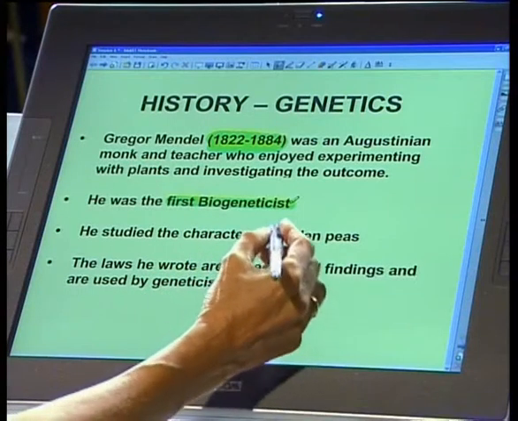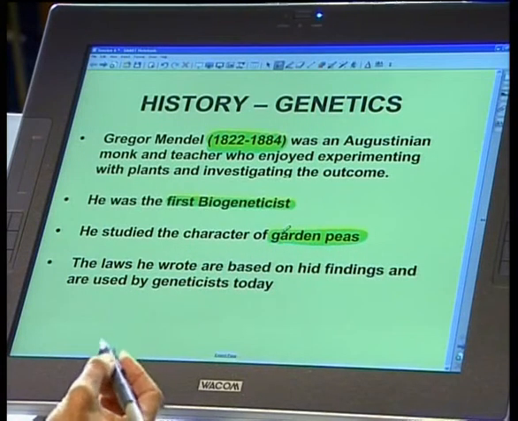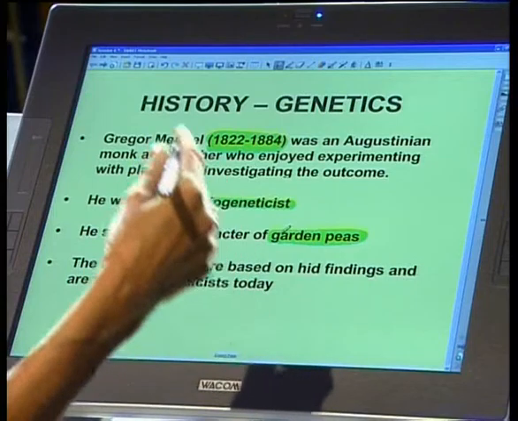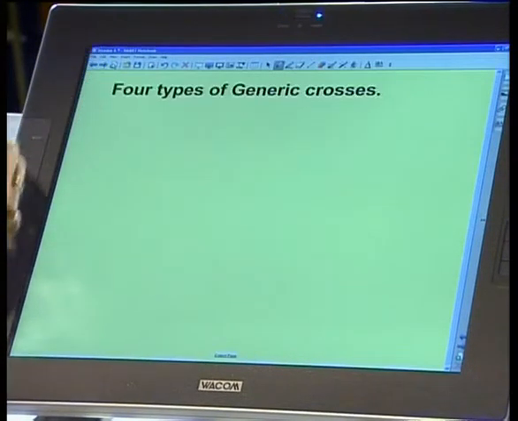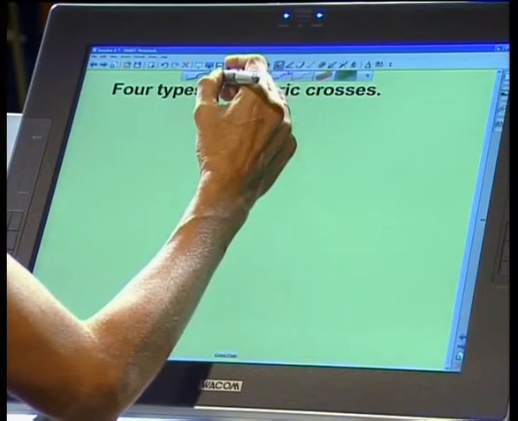All right, so Gregor Mendel studied the characters of garden peas, and when we get to his laws, they revolve around those garden peas. He wrote the laws based on all his findings, and they are used in genetics today, which we've already said. Now, there are 4 types of actual genetic crosses, and if you know these 4 basic types, then everything else is a piece of cake.